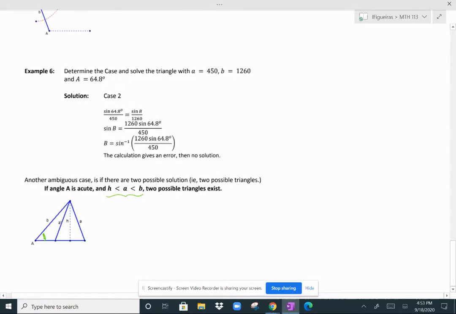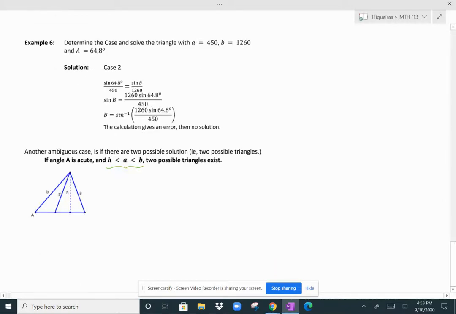So I show you here that you could have a side a way out here or a side a in here, and either way it creates a triangle. Two different triangles.